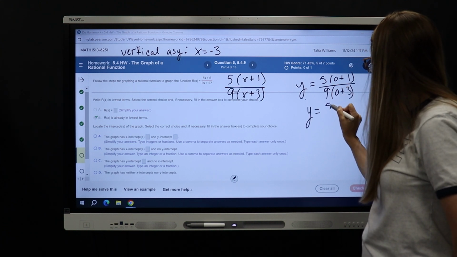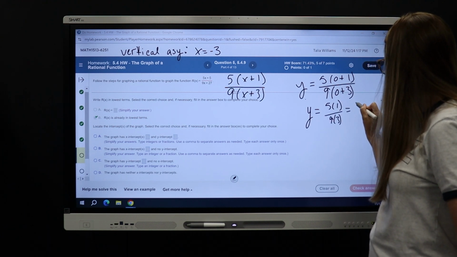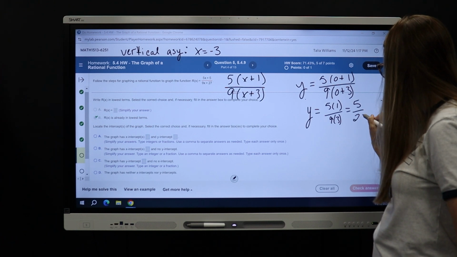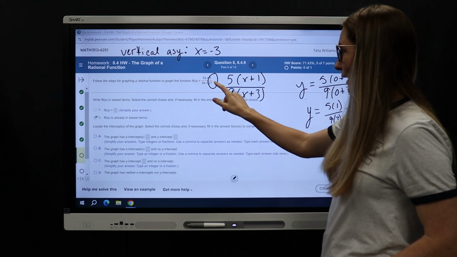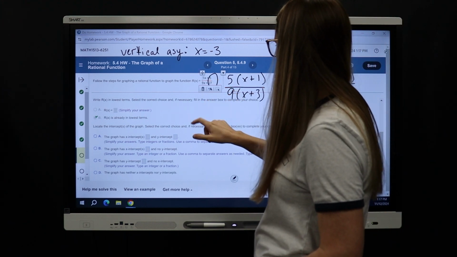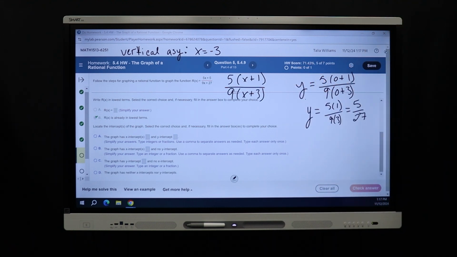Because here I'm going to have 5 times 1 and 9 times 3, which is going to give us 5/27. So it might have been easier to do that, because when you put your 0 into those x's, they're gone. So that's our y-intercept, 5/27.